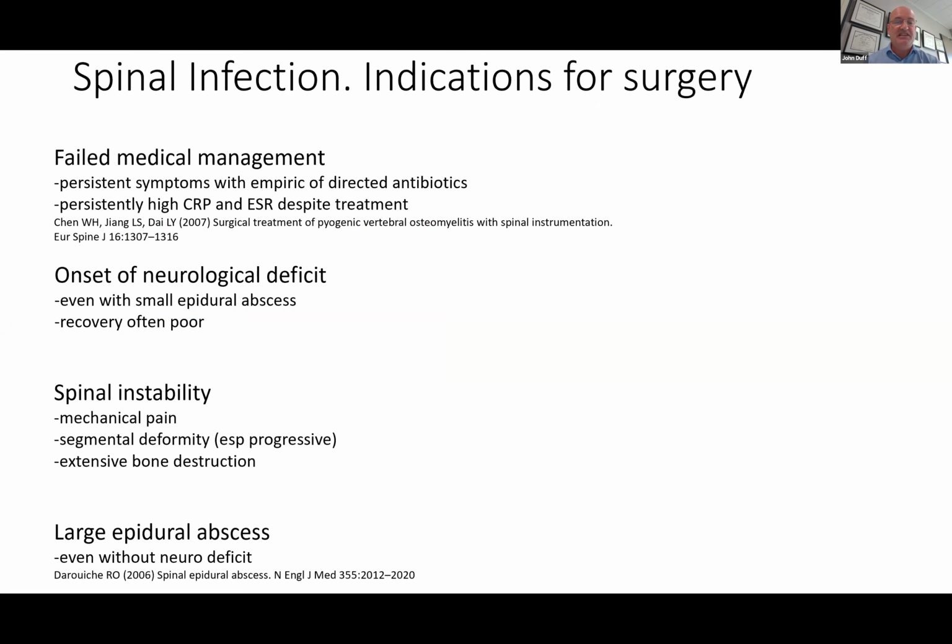So you have persistent symptoms, persistent severe back pain with empiric or with directed antibiotics, with persistently high C-reactive protein and ESR despite treatment. This is either under-treatment or possibly misdirected treatment or a missed organism and so forth. And this is potentially an indication for surgical intervention and debridement and further sampling of the infected tissue.